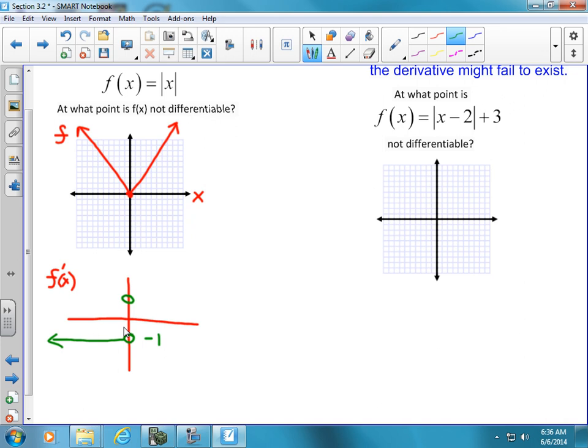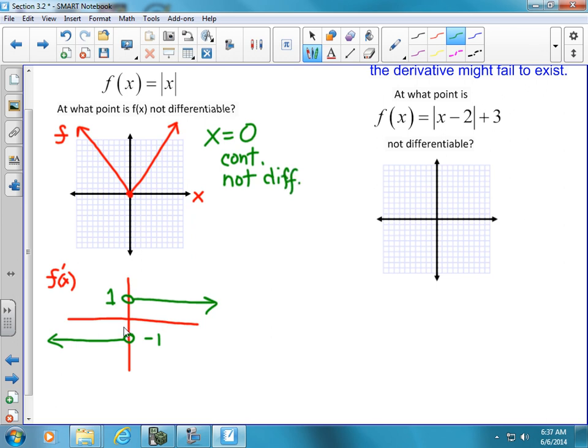On the right side of the y-axis, the slope is equal to 1. Therefore, the derivative here is 1. So you can see that at x equals 0, it's not differentiable. So at x equals 0, the function is continuous, but not differentiable.